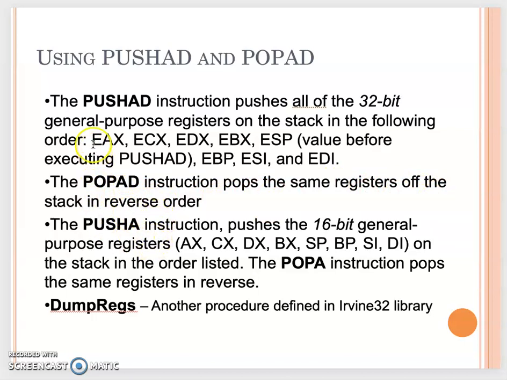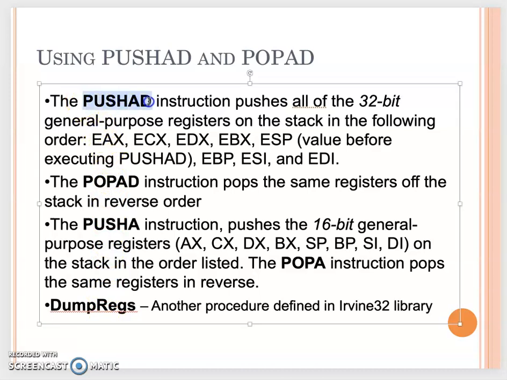So when you implement your procedure, if you have a lot of registers you want to push, instead of pushing one by one, you can use push AD or pop AD. They use the specific order to either push them to the stack or pop them from the stack.